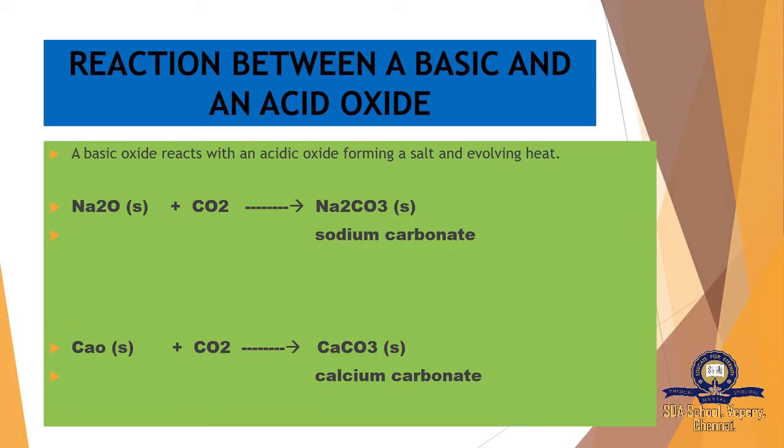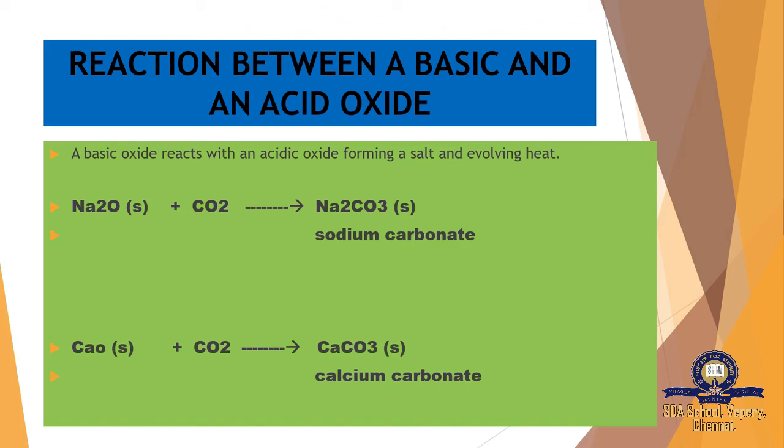Our next exothermic reaction is the reaction between a basic oxide and an acidic oxide. Here, a basic oxide reacts with an acidic oxide and forms a salt, and simultaneously it produces heat. Sodium oxide reacts with carbon dioxide to form sodium carbonate, Na2CO3.